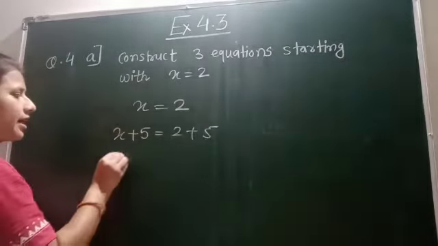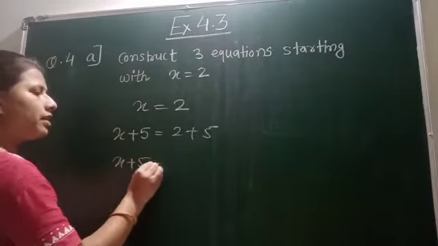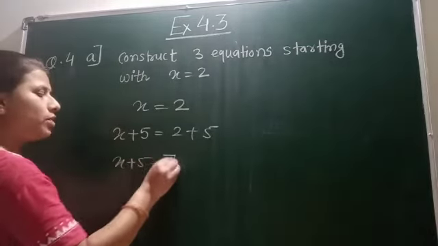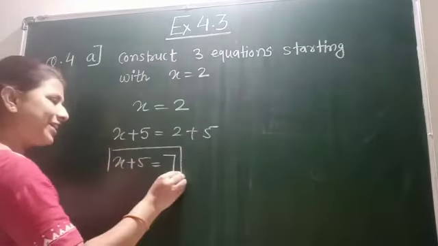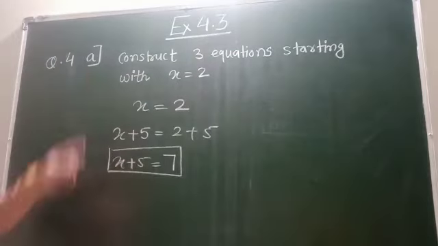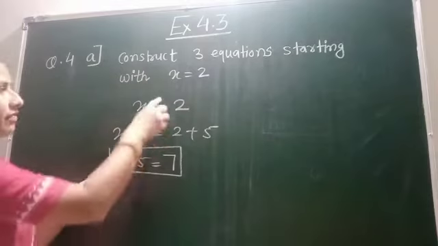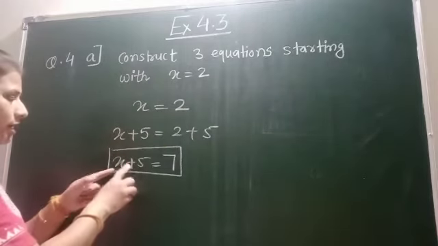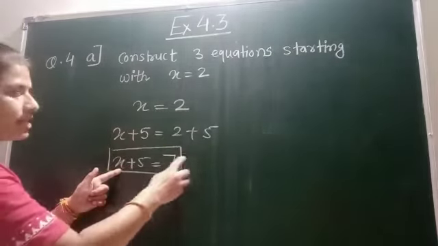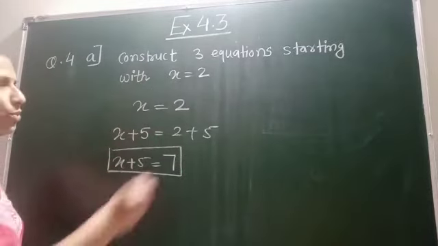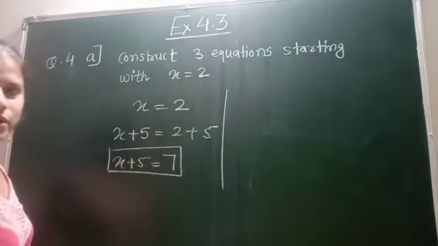What we will get? x plus 5 equals 5 plus 2 equals 7. So we will get the first equation. We constructed the first equation, and when you simplify this, definitely you will get x equals 2. Plus 5 will shift to the right hand side, 7 minus 5, you will get x equals 2. So we made the first equation.